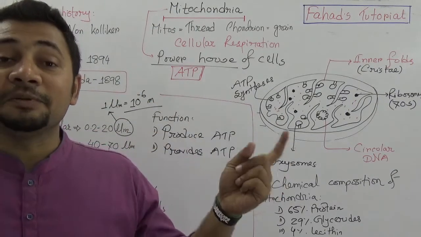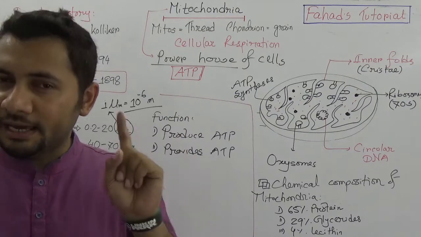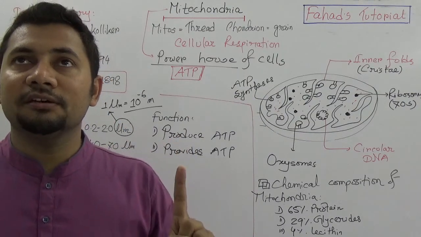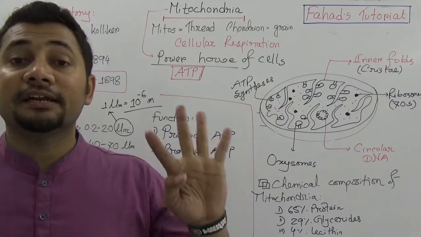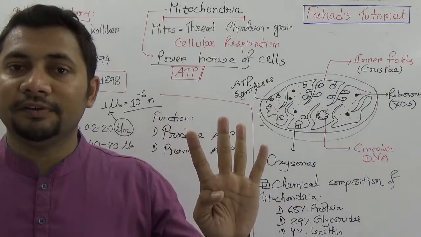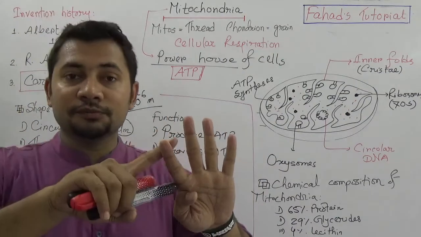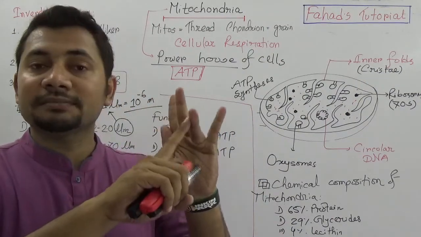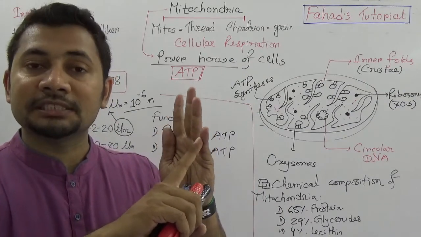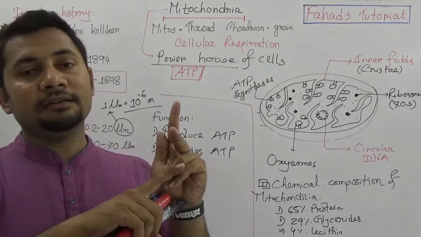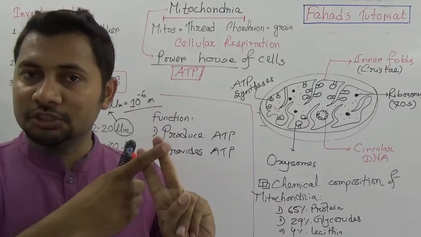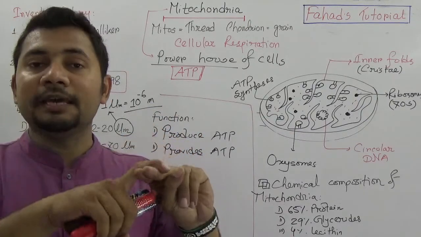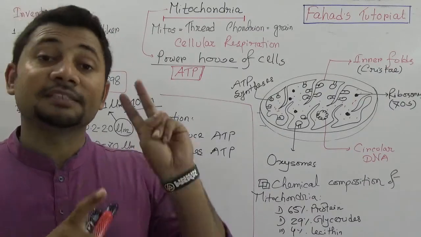It produces this ATP through the Krebs cycle. In aerobic respiration there are 4 steps. Among these 4, the last 2, the Krebs cycle and the electron transport system, happen in mitochondria, and the first 2, glycolysis and acetyl-CoA formation, happen in the cytoplasm. This is very important.